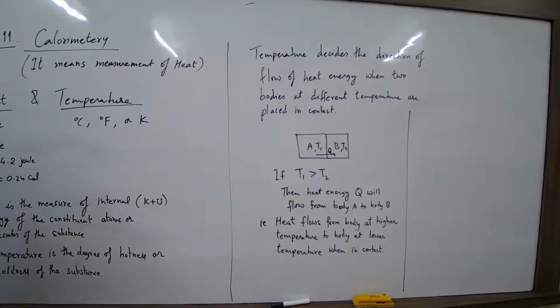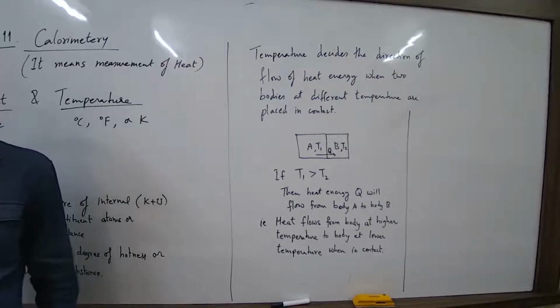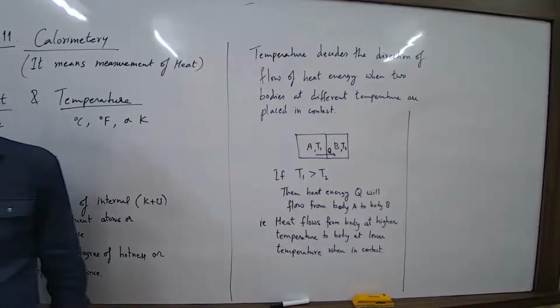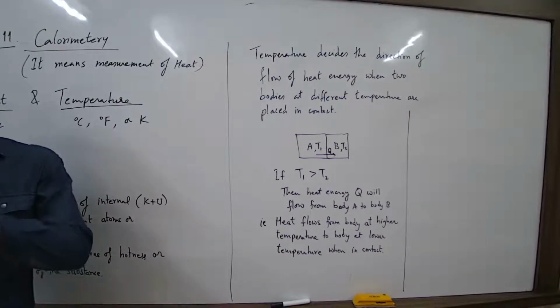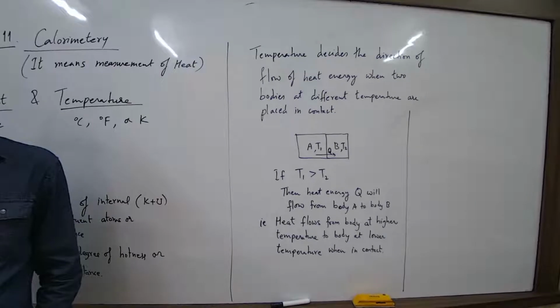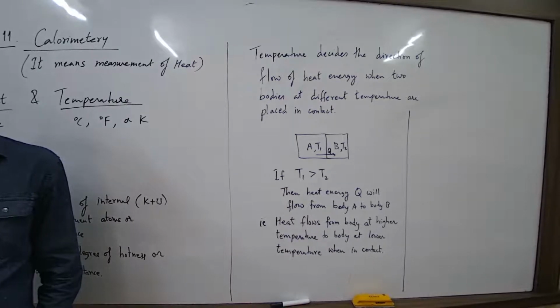If you have a cup of tea, it is hot. You are holding it. Where will be the heat flow? When you are holding a hot cup, obviously the heat is flowing from the cup to your body, because body temperature is less than the tea temperature. But still the heat is flowing from the substance which is having less energy.